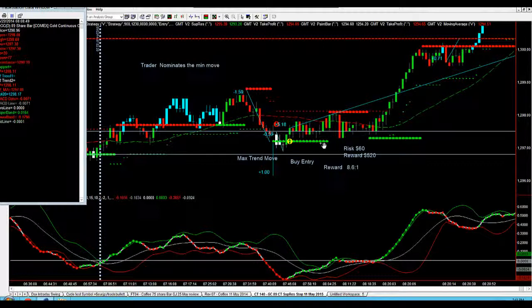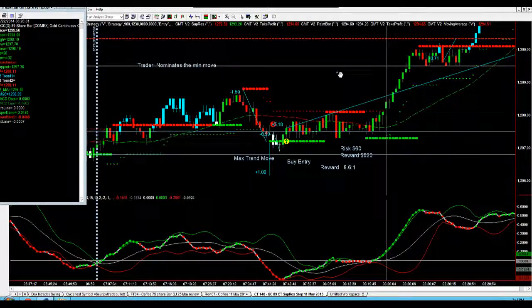Once we get into the trade, we're looking for a $100 move, and as soon as we start to really move above this area, support resistance, or above this resistance, you'll see that the green dots will start trailing our price action.